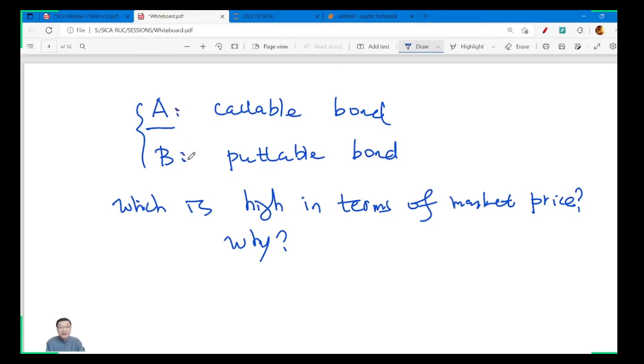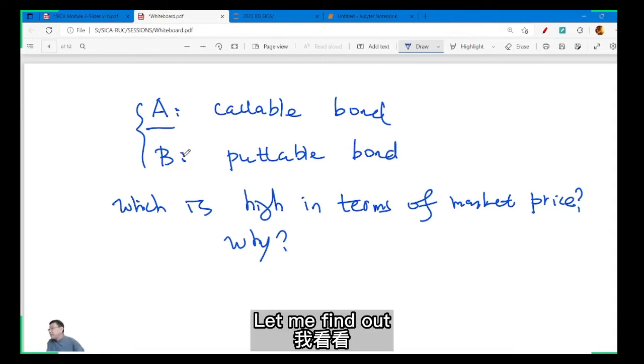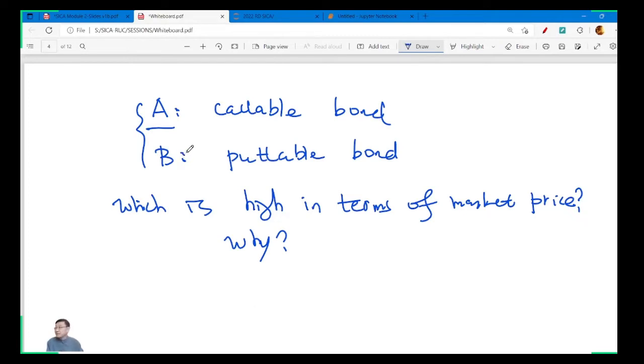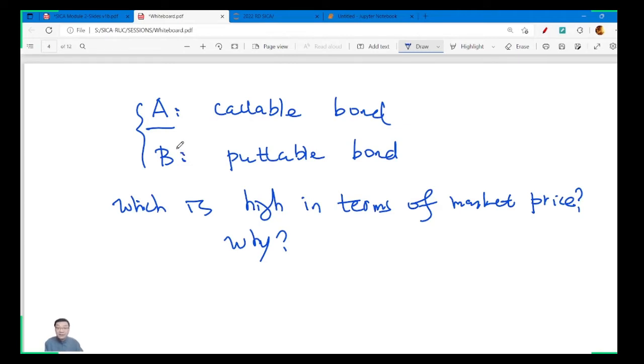Okay. I'll try to call another person and explain. Let me find out. Zhou Siyuan, are you willing to say a few words or share your ideas with us? Siyuan, I cannot hear your voice. Would you please speak louder? Okay.